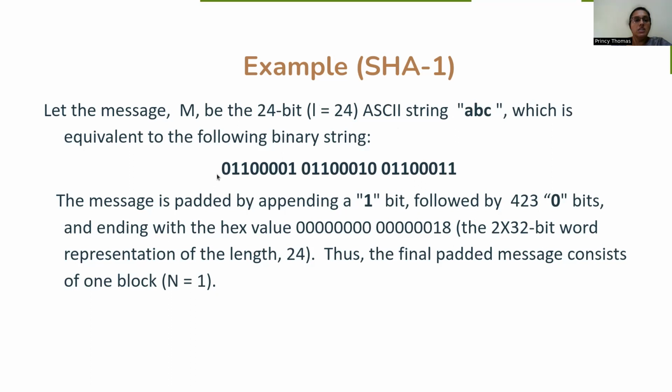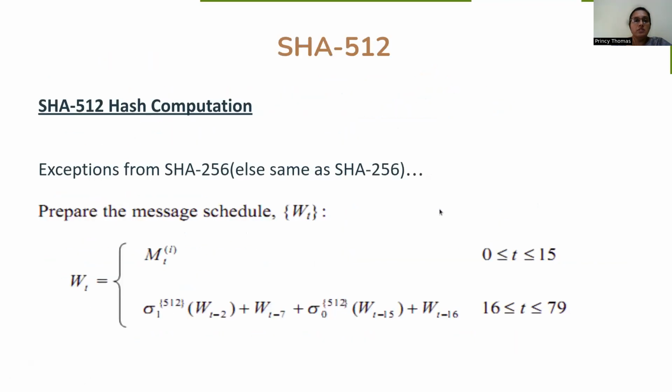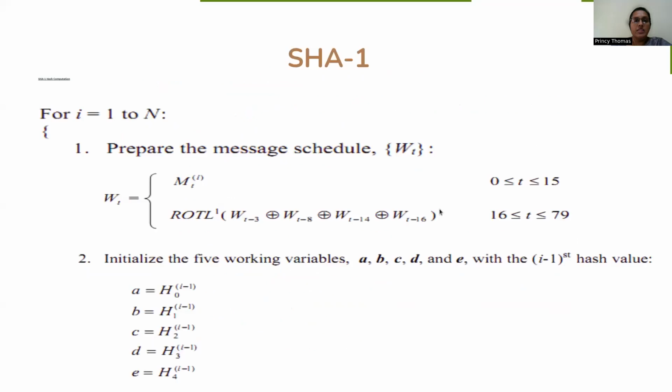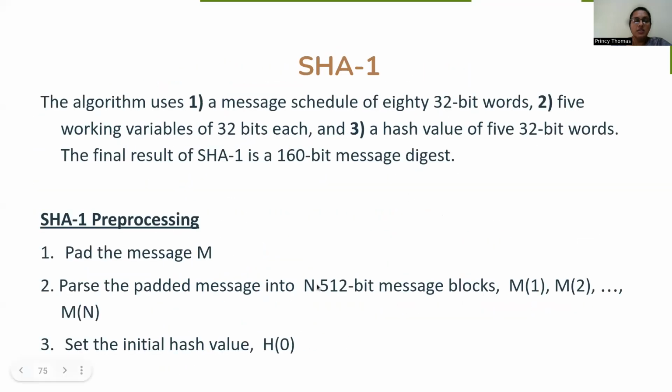So the equivalent binary of ABC is given over here, and the message is padded by appending 1 bit followed by 423 zeros. First the padding is going to be done, because in SHA-1 the input we have to give is 512 bits.